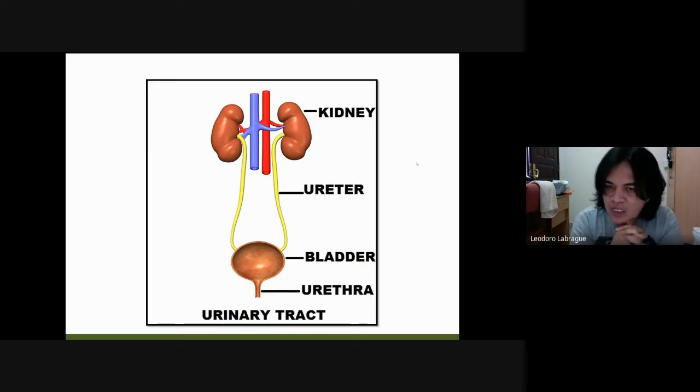I need a volunteer, someone who could share to us what is on the screen right now and what are the functions of these parts. Okay? Can someone volunteer? Who will volunteer?